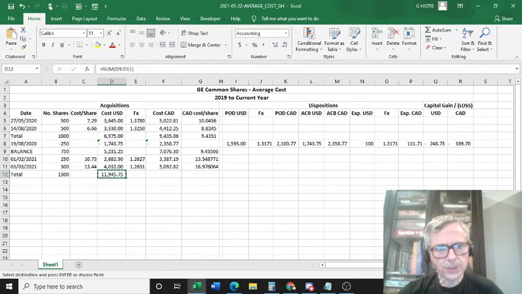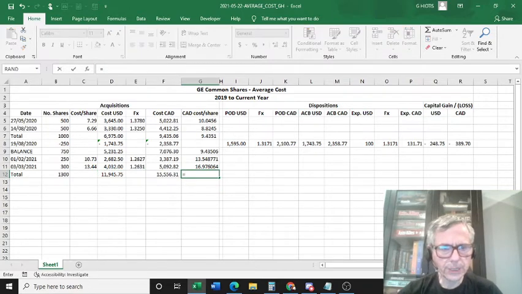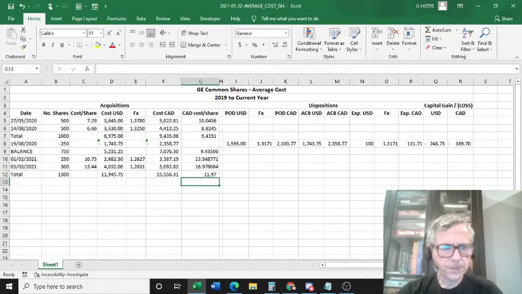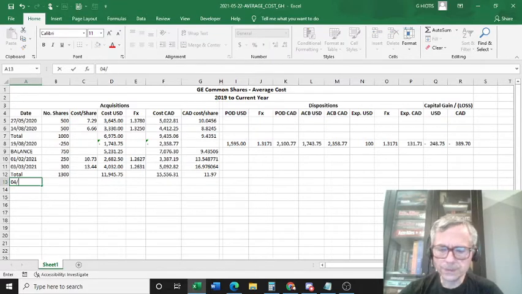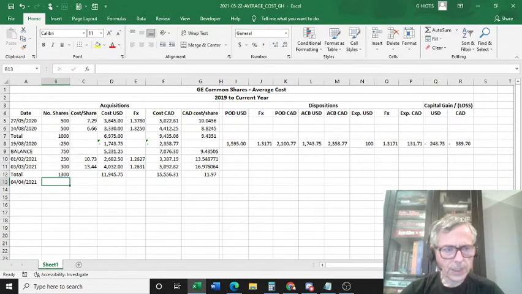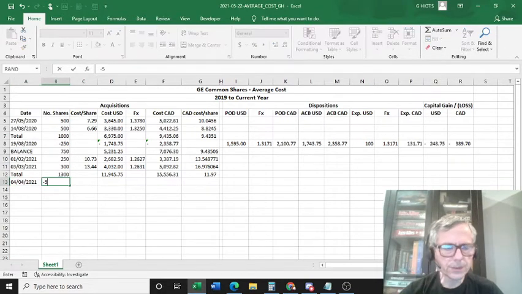And I can simply copy paste here. And now here we'll need to have the disposition in Canadian dollars, the average cost per unit. That works out to $11.97. All right, so now we have a sale on March 4th, 2021, and we have disposed of 500 shares.